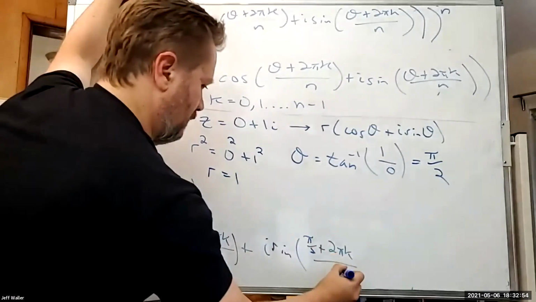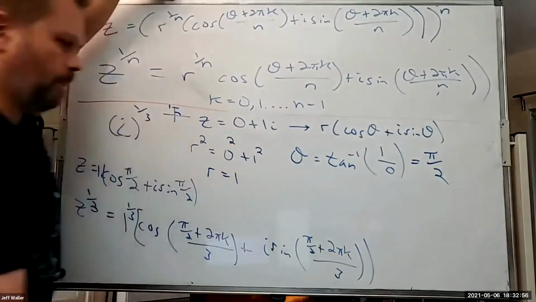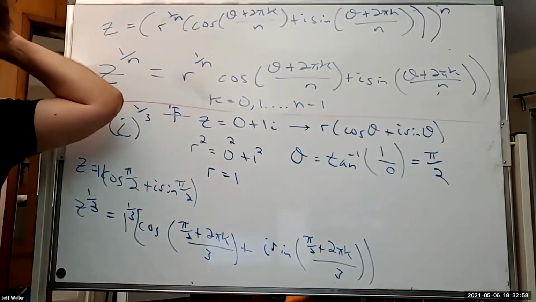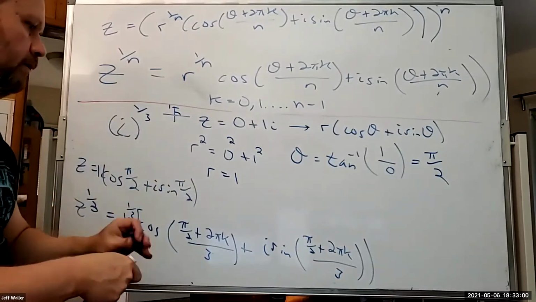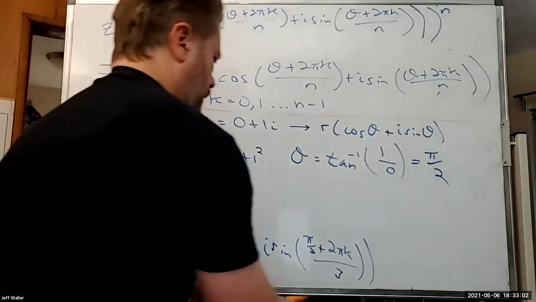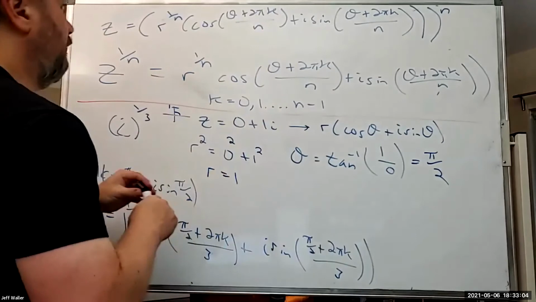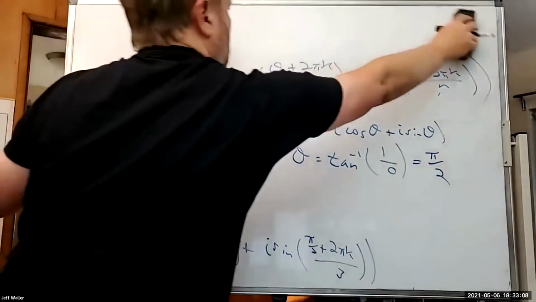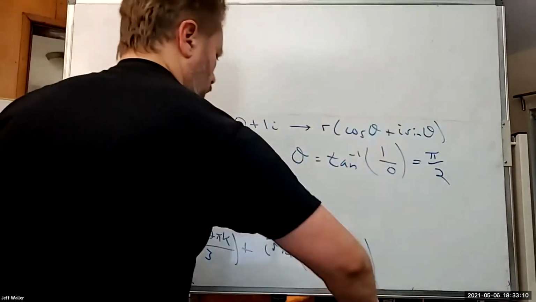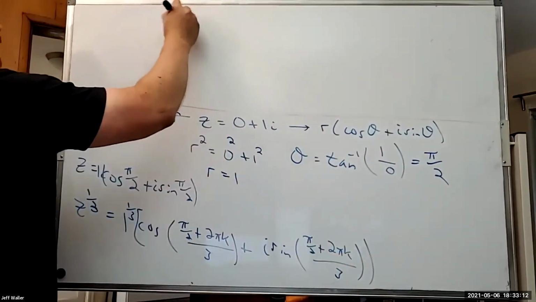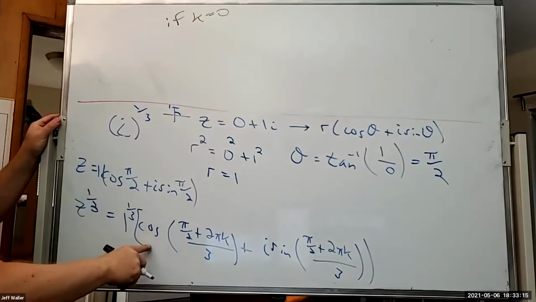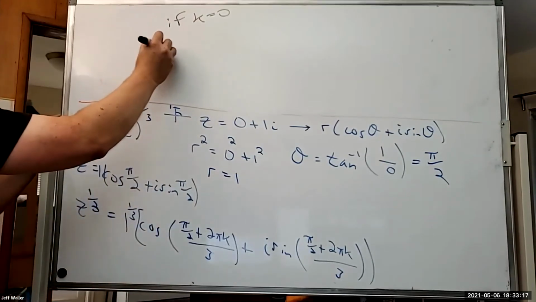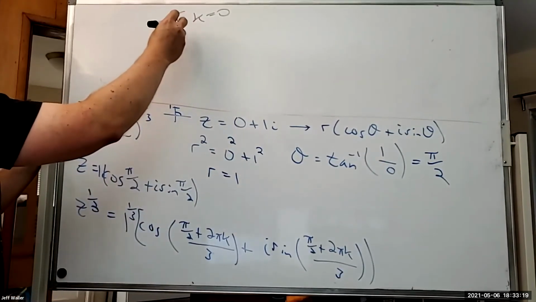All right, Jeff, I think we got it. Now let's see. What do I get if k is 0? If k is 0, I get cosine of pi over 6.